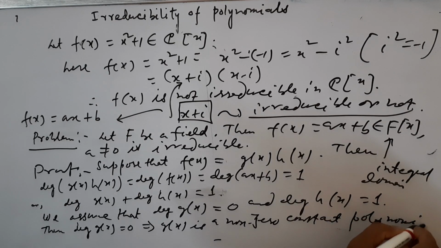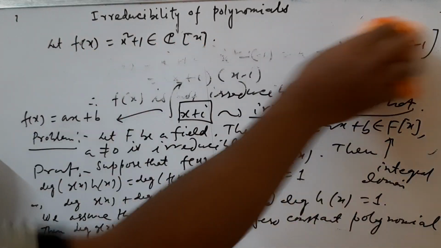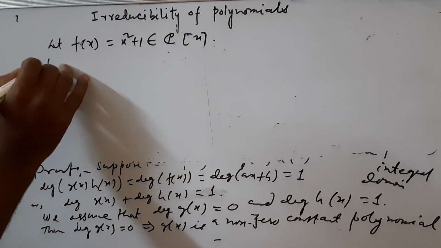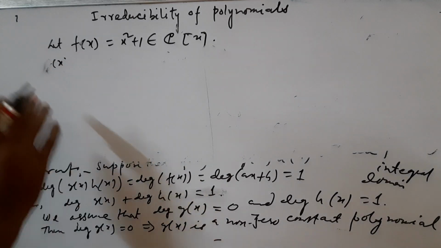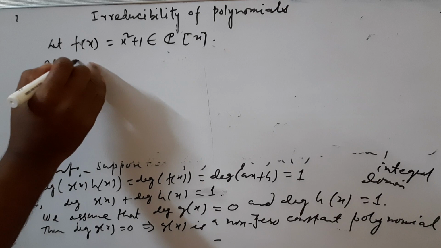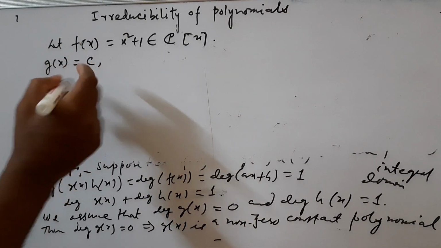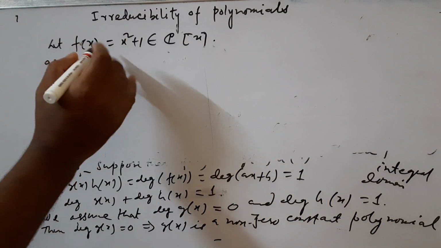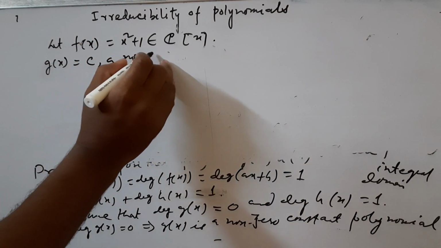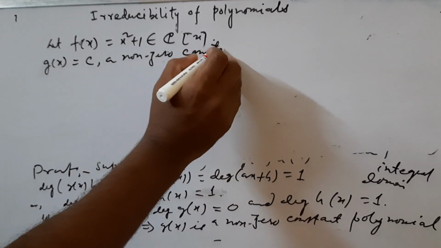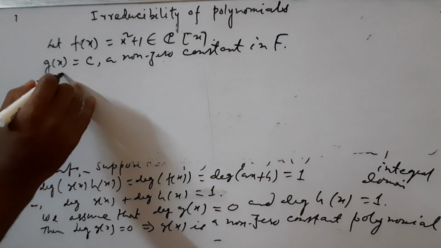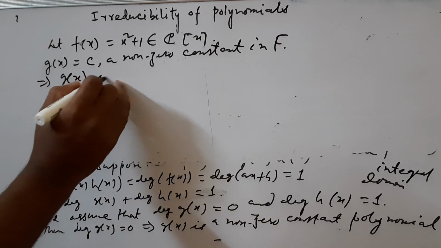So let g(x) equal to c, where c is a non-zero constant in the field F, and so this implies g(x) is a unit.